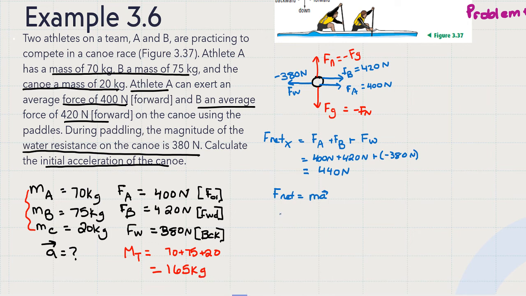And then we're going to solve for acceleration. So acceleration will equal 440 divided by 165, 2.7 meters per second squared.